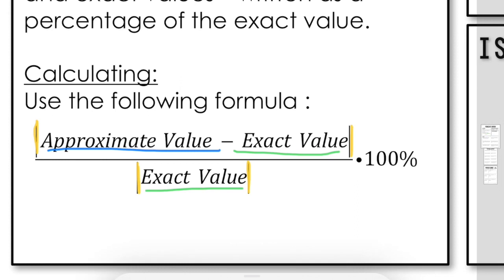Well, we know it's 4 units away from 0, so therefore we would use +4, which is all this means. So we find the difference and then divide, and then we multiply that by 100 so that we can get our answer as a percentage.